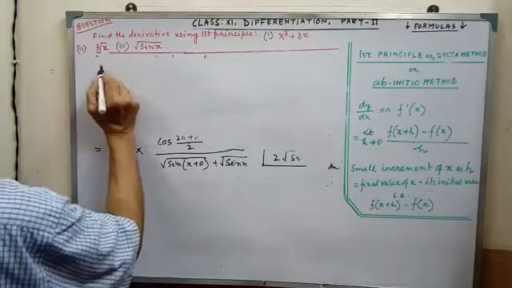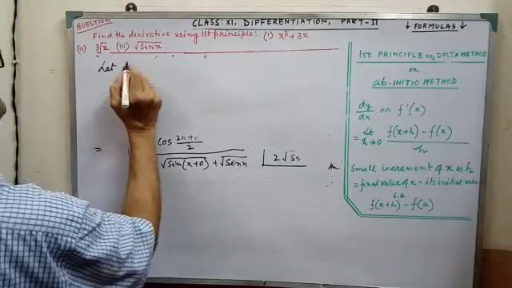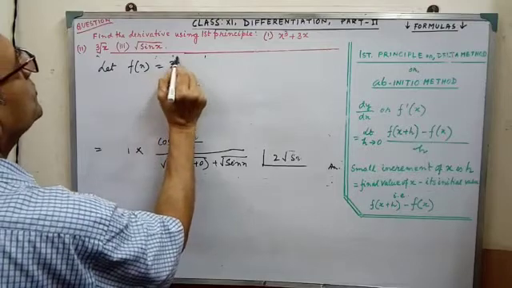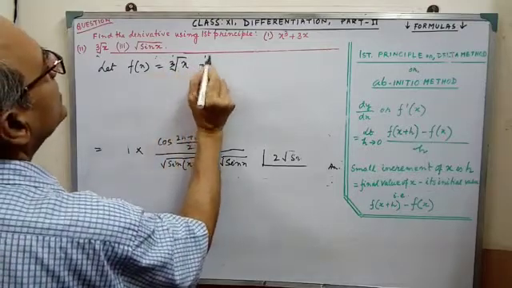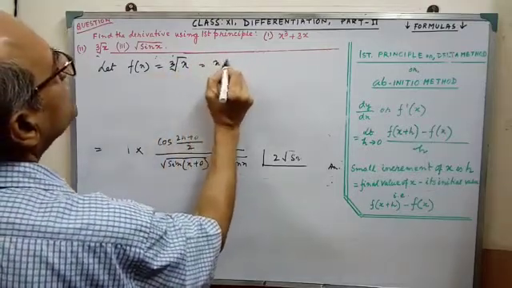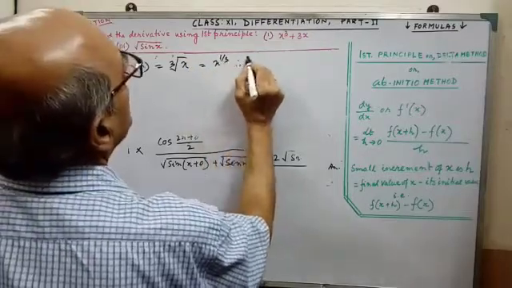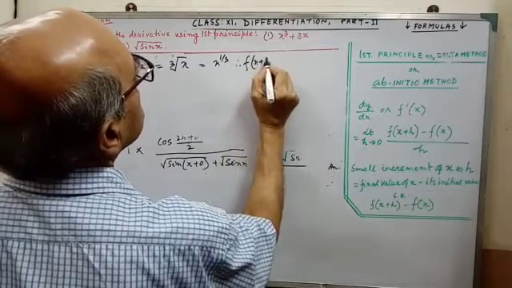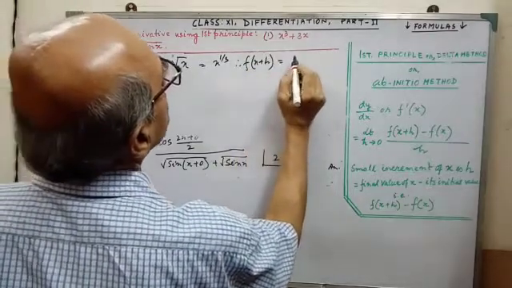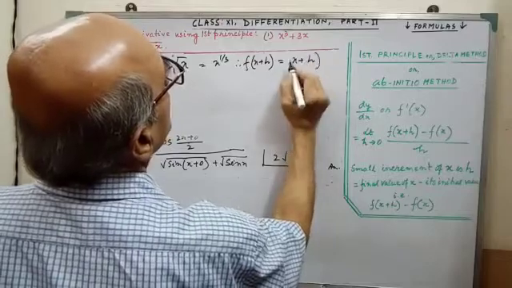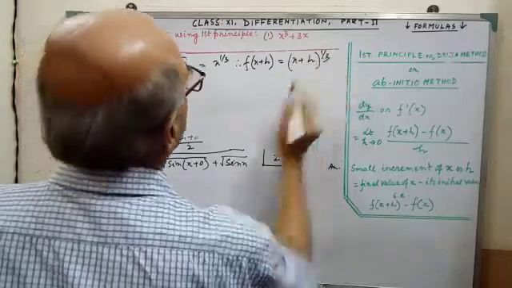Let f(x) equal cube root x, equal to x to the power 1 by 3. Therefore, f(x plus h) equal to (x plus h) to the power 1 by 3.